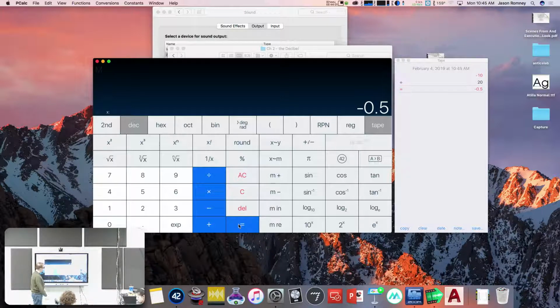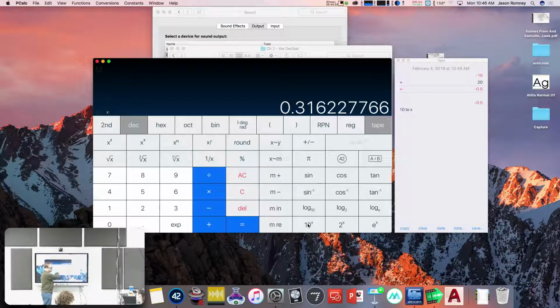Okay? And then you should have on your calculator a little 10 to the power of x button. And the x gets replaced by whatever value is currently on the screen. So I hit 10 to the x, I get 0.316. Now, that is the force ratio for minus 10 dB, which means I can take this number and multiply it by some other force, in this case voltage.